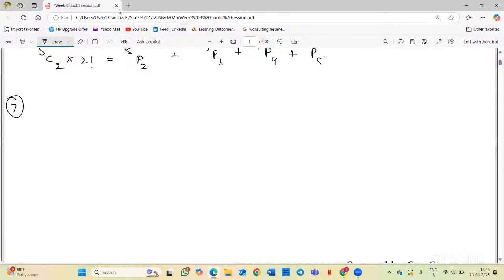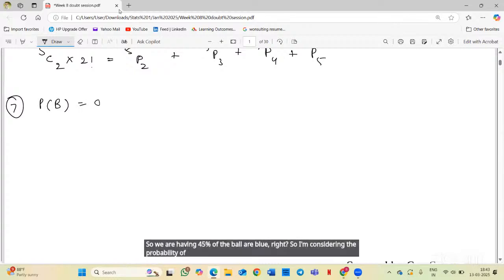So we are having 45% of the balls blue, right? So I'm considering that the probability of blue balls is 0.45. Then it is saying that 55% are red, so the probability of getting a red ball is 0.55.